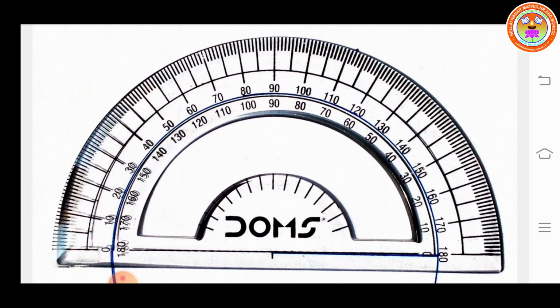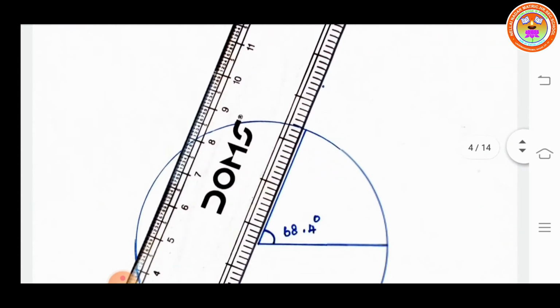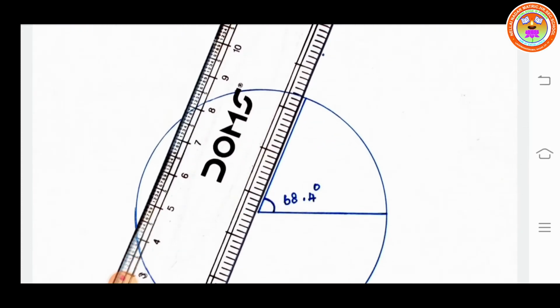So, you place the protractor at the center of the circle on the horizontal radius like this. Then mark the angle 68.4 degree. Then remove the protractor and join that point to the center of the circle by using a scale. Then we will get the first sector for corporation tax as 68.4 degree.